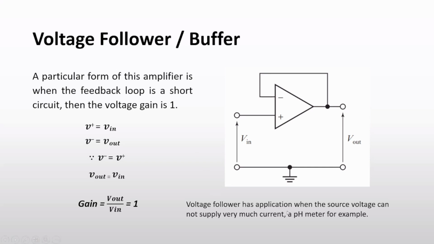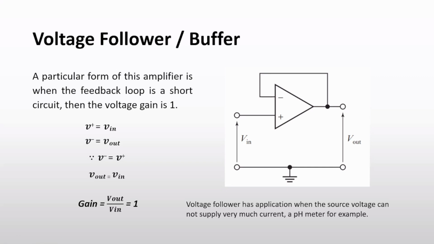Normally the voltage follower has an application when the source voltage cannot supply too much current. In that case we can use the voltage follower, so the current can be given from the external supply. The pH meter is an example. A pH meter can only provide a voltage, but it cannot provide a large current.